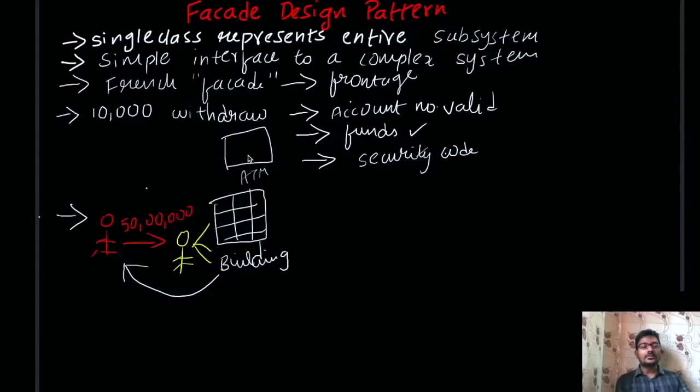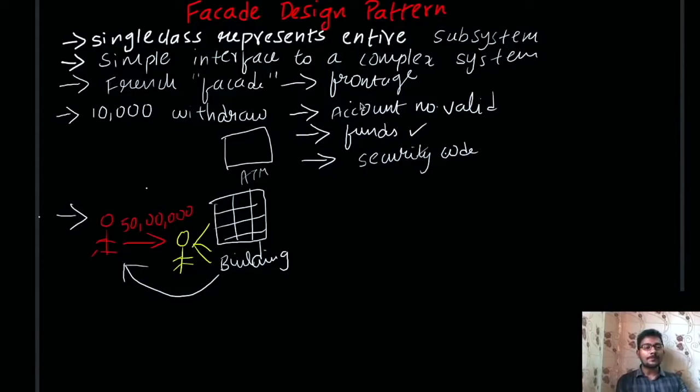Once you trigger the 10,000 rupees withdraw button, the following things happen behind the screen. First it checks whether the account is valid or not, then whether your account has sufficient funds for withdrawing 10,000 rupees, and then whether your PIN code is correct or not. After validating all these things, 10,000 rupees is withdrawn from the ATM.